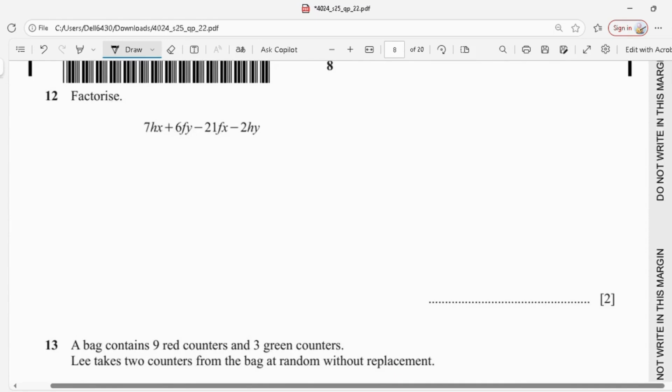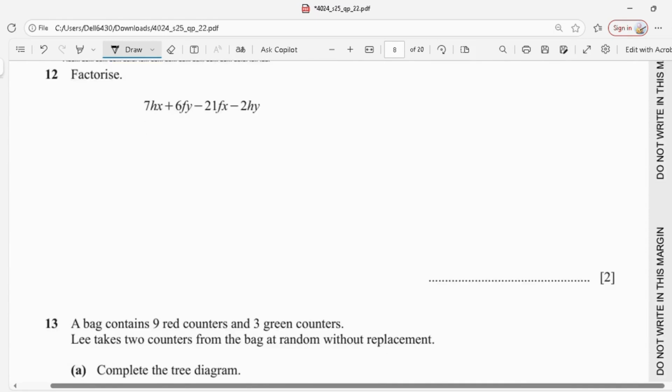Question number 12 is factorize. So let's start factorization. First we take 7x and 21f near to each other. We can take common from these two terms, that is 7 and x, 7x, and the leftover terms are these.